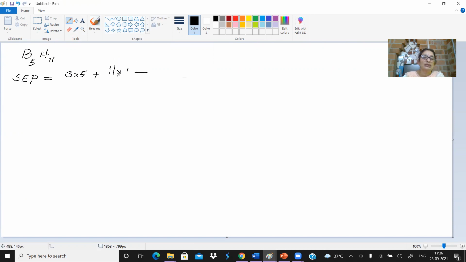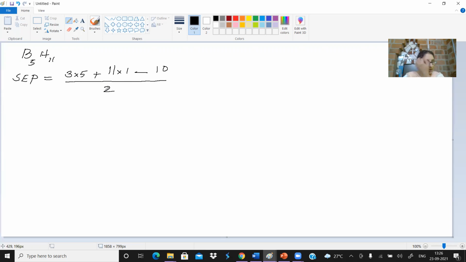So this is the total number of valence electrons minus the electrons that are taken for formation of B-H bonds. Since each B-H bond takes 2 electrons, there are 5 boron atoms here, so 5 into 2, it is 10. So that is divided by 2.